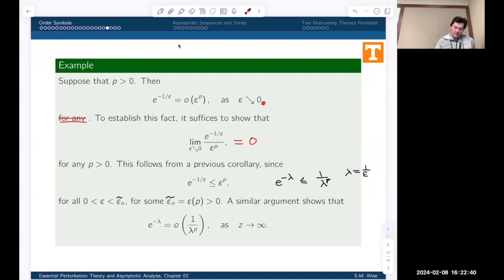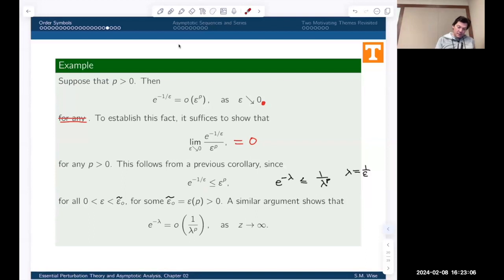So this guy is a lot smaller than this. So that's going to have to tend to 0, right? If you just divide by epsilon to the p on both sides, that's going to get squashed down to 0. And a similar argument shows this whenever z is going to infinity, right?